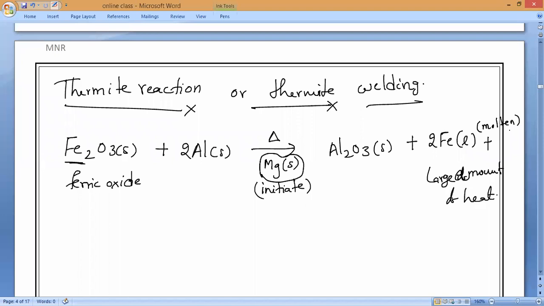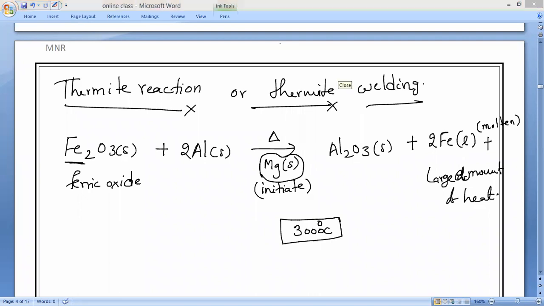So now here, if you notice it, large amount of heat will be produced. Do you know how many degrees Celsius? Around 3,000 degrees Celsius. Understanding? So about 3,000 degrees Celsius, a molten iron will be produced. So it will initiate the reaction.